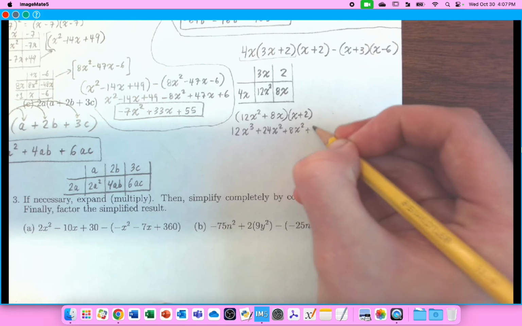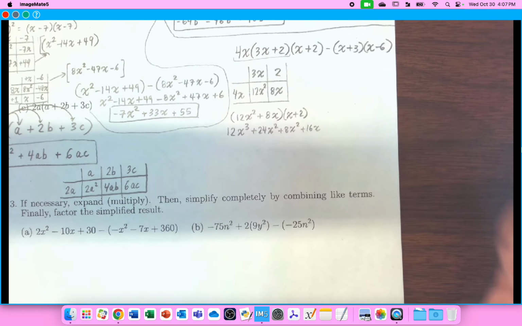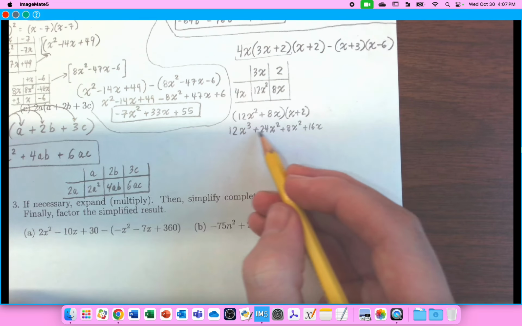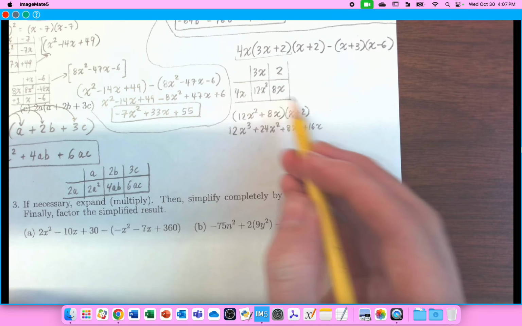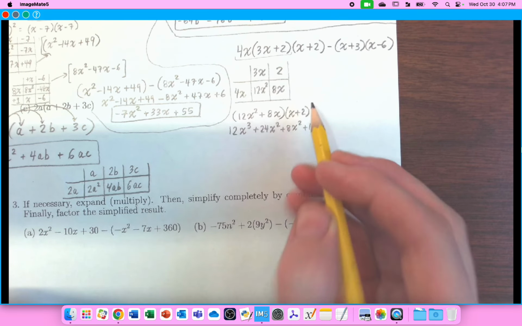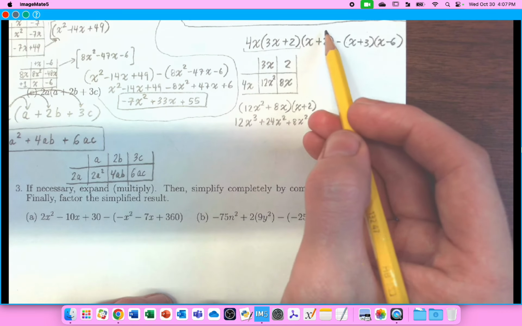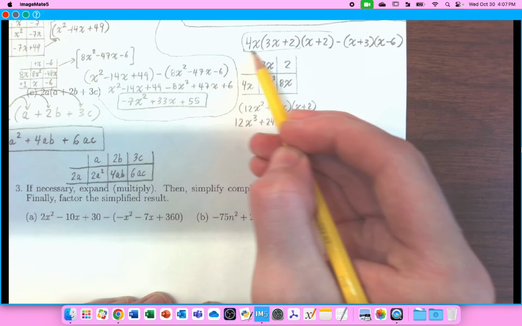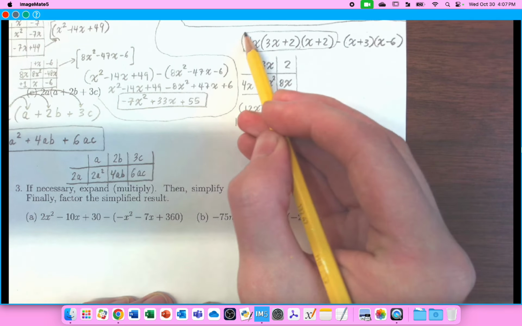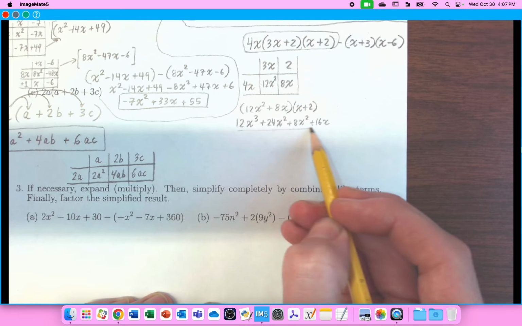Okay, so all of this together is this part.